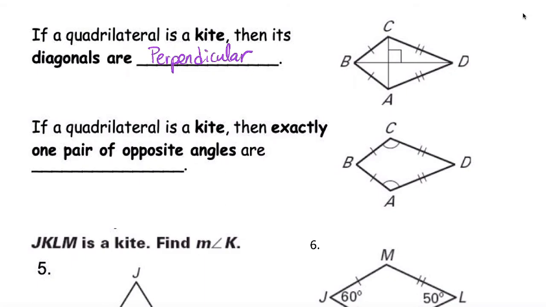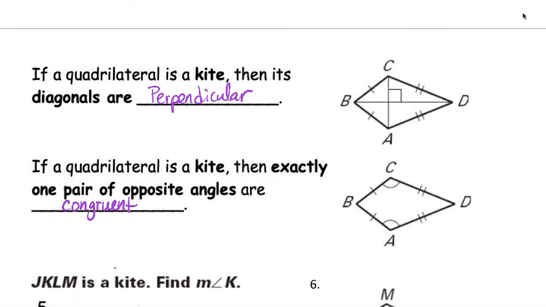If a quadrilateral is a kite, then exactly one pair of opposite angles are congruent. One thing I should add here is probably the definition of a kite.